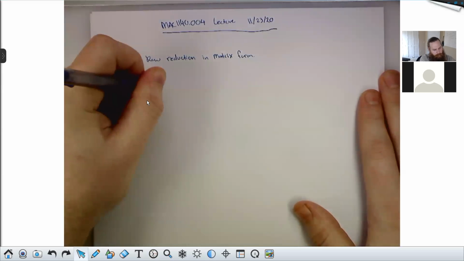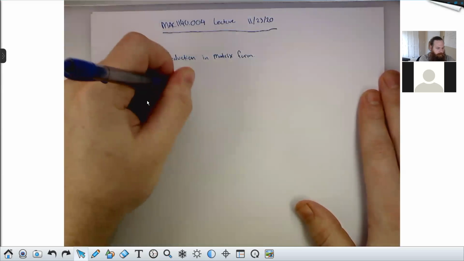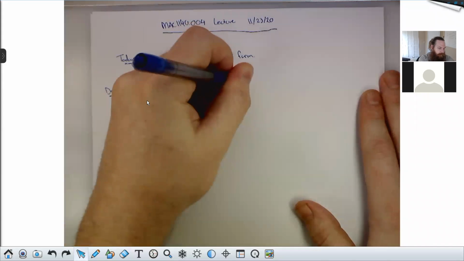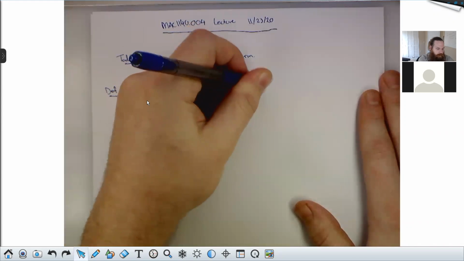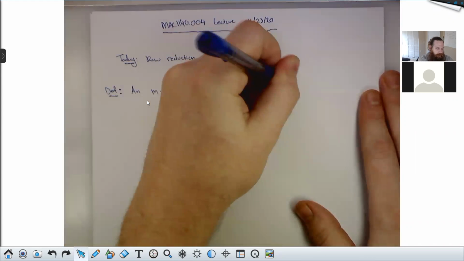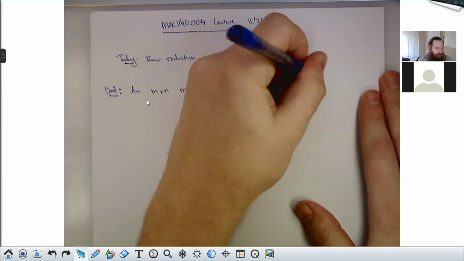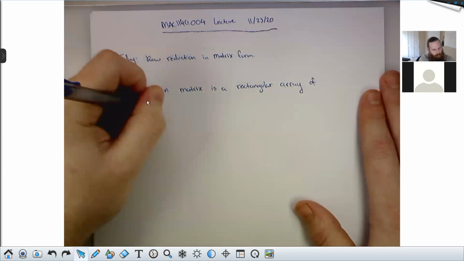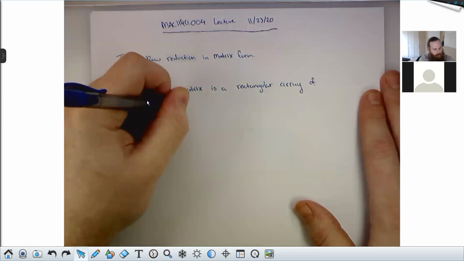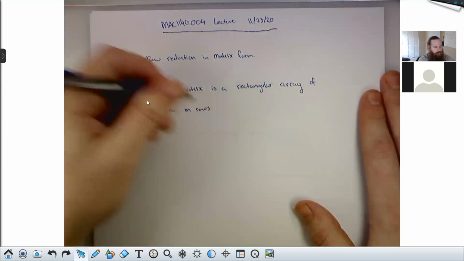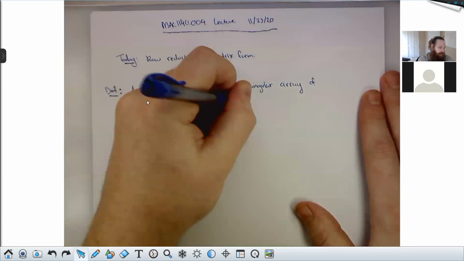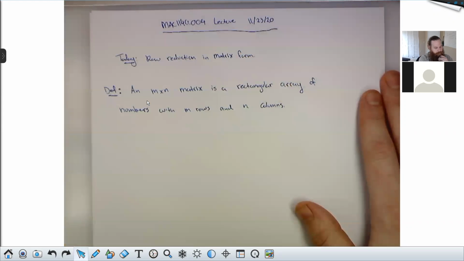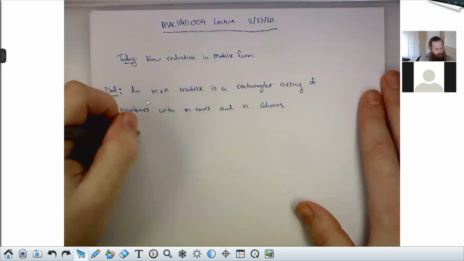An M by N matrix is a rectangular array of numbers with M rows and N columns. It looks like this.